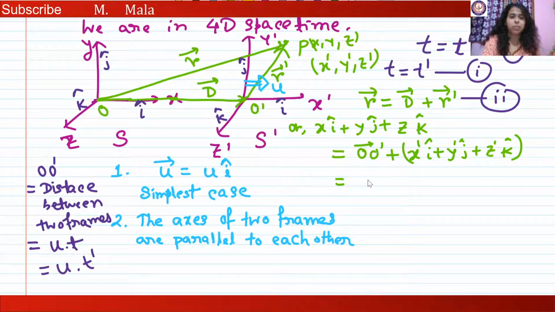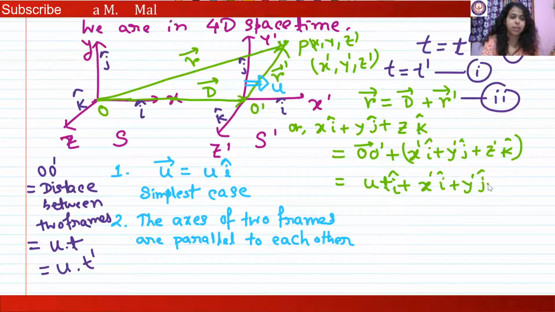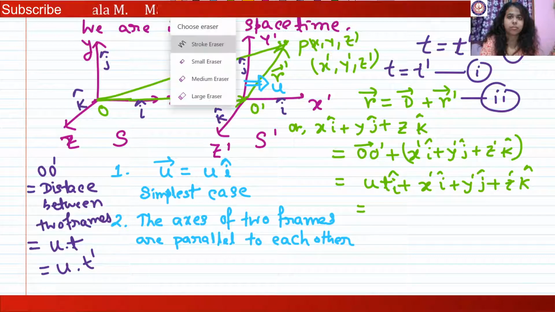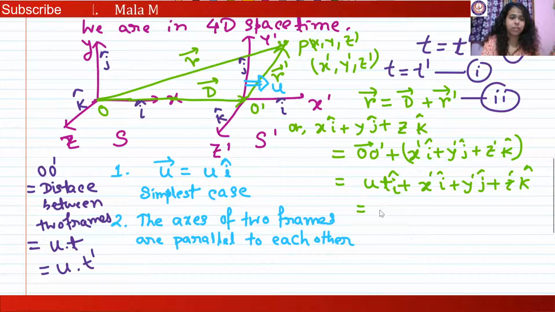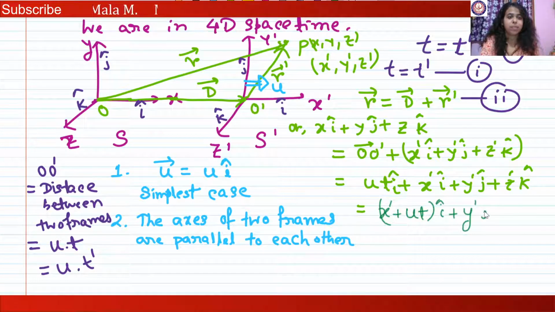Since OO prime is equal to ut prime or ut, with direction i cap, this gives x prime plus ut, i cap, plus y prime j cap plus z prime k cap. This is my equation 2.